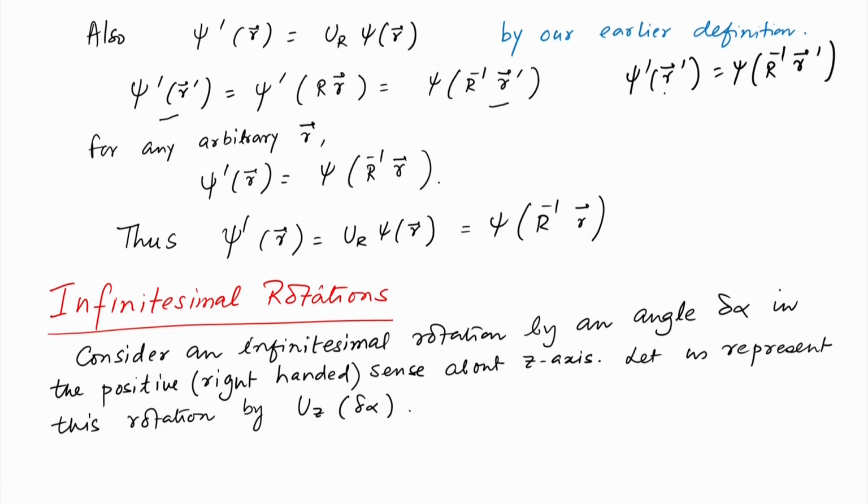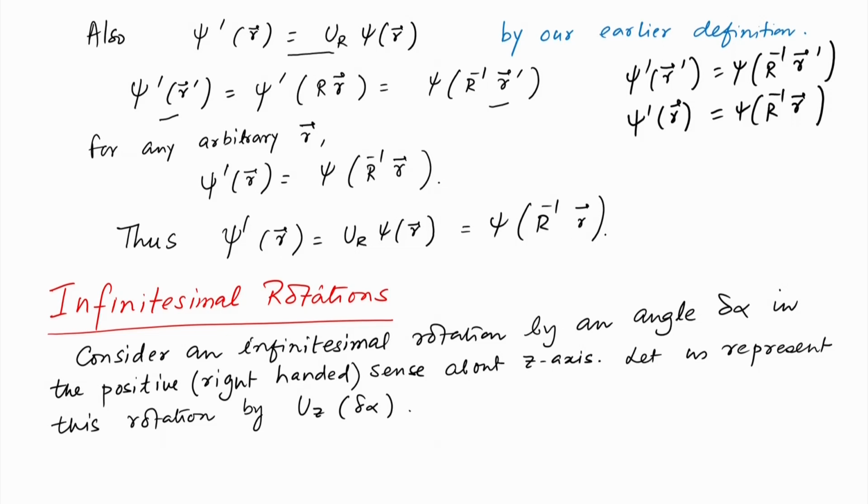Now, since r prime is arbitrary, we can simply write psi prime of r equal to psi of R inverse r. Since this r prime is dummy, we might as well write it as r. So psi prime of r equal to psi of R inverse r. This is what appears here, and psi prime of r, which is equal to U_R psi of r by our definition written here, is equal to psi of R inverse r.